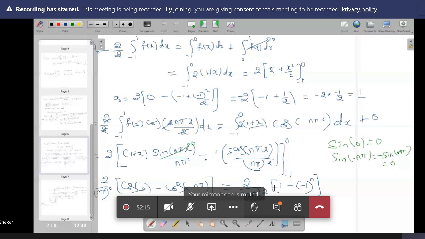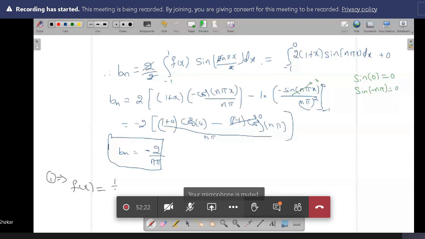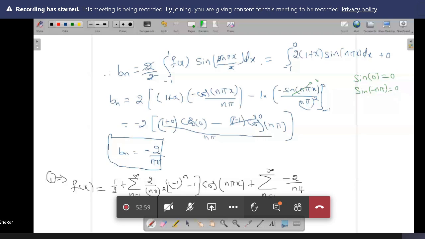So f(x) equals 1 by 2, plus summation n from 1 to infinity, a_n is 2 divided by (n pi) whole square into (minus 1 power n minus 1) cos(n pi x), and then plus summation n running from 1 to infinity, b_n, that is minus 2 divided by n pi into sine(n pi x).